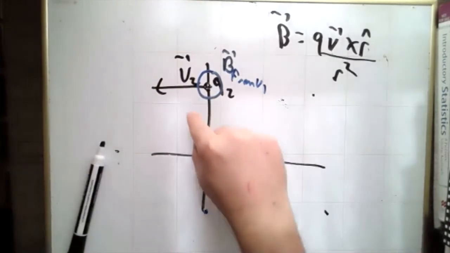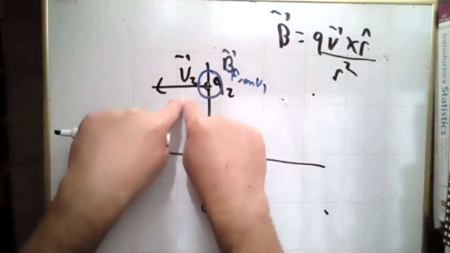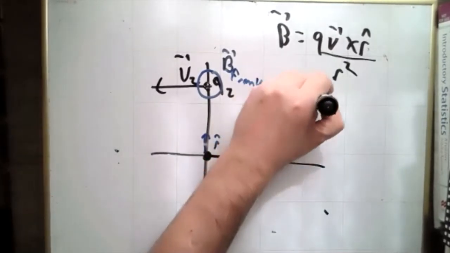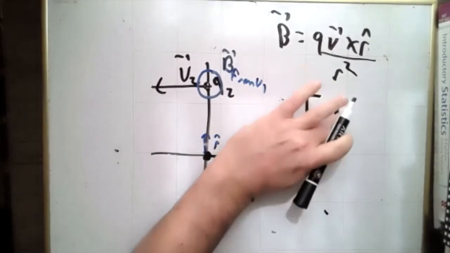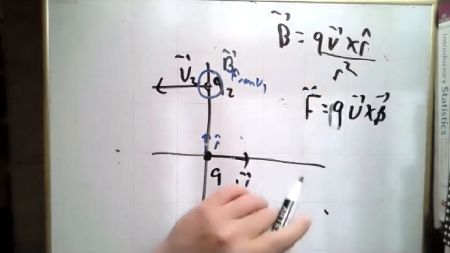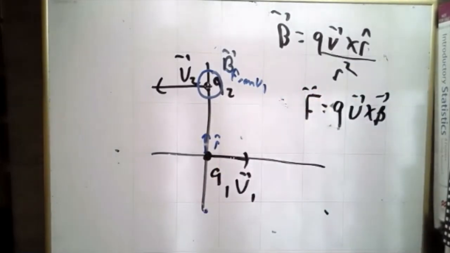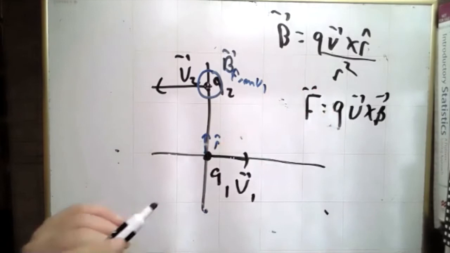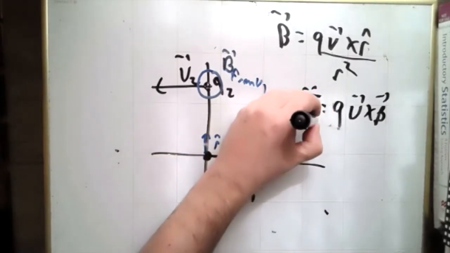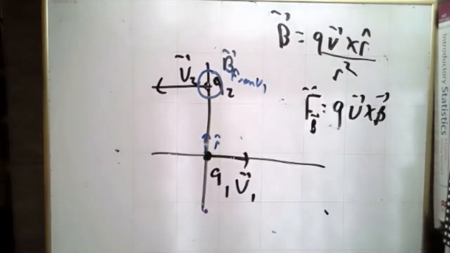Now we've got to figure out what magnetic force he feels. So we've got to use F equals Q V cross B. I want to figure out in which direction my magnetic force is.